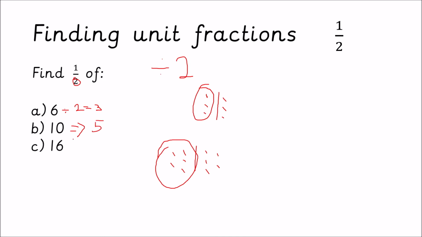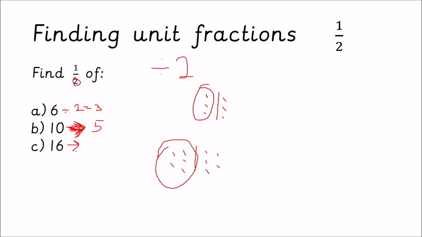And 16 as well. So 16 again, dividing by 2. If you know your 2 times table and your division facts that are associated with the 2 times table, you should have no problems with this.